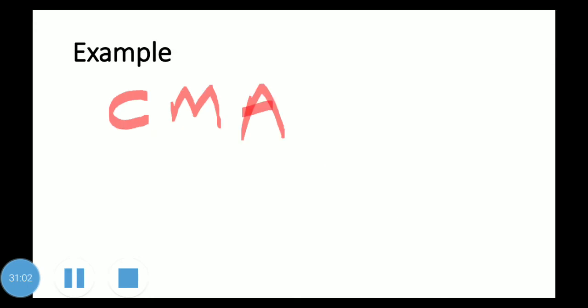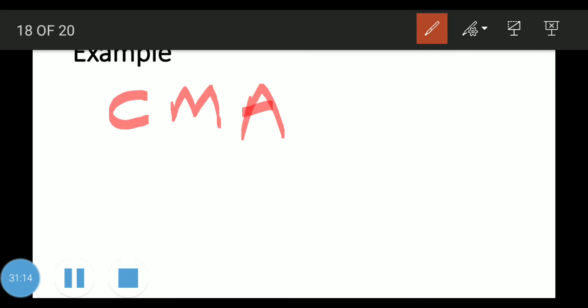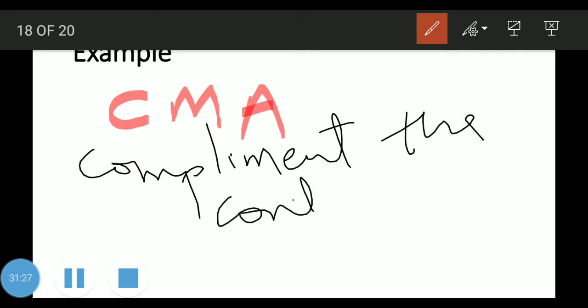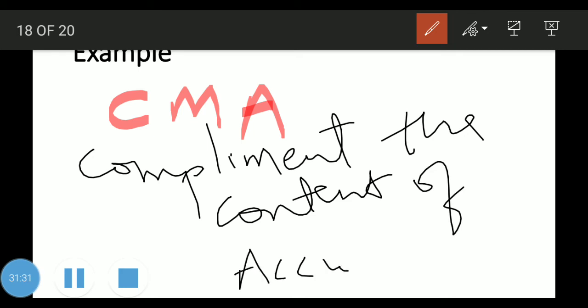In this, the action occurs in the CPU itself. Now what does this instruction mean? This instruction means complement. CM means complement, A means register A: complement the content of the accumulator.